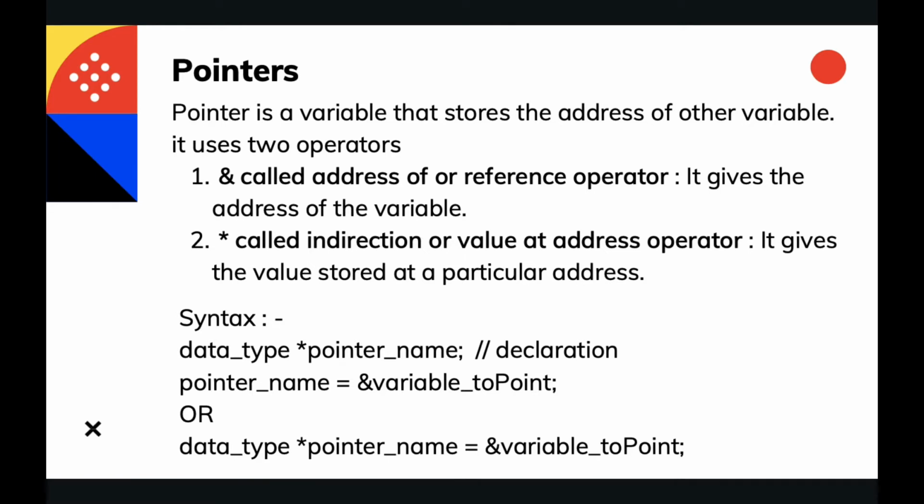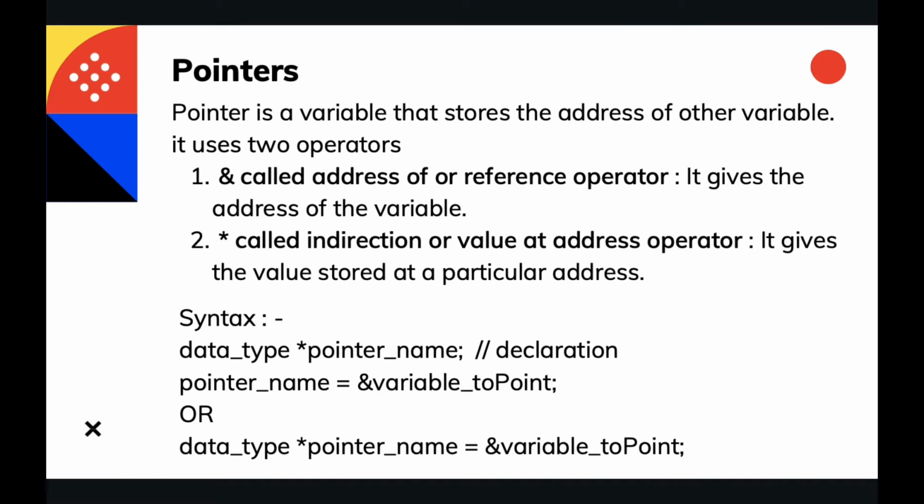I told you earlier that there are three important things that are kept in mind while declaring a variable. First, it has a name. Secondly, it has its value that we give to the variable, or it can store a garbage value in case we are not giving it any value.